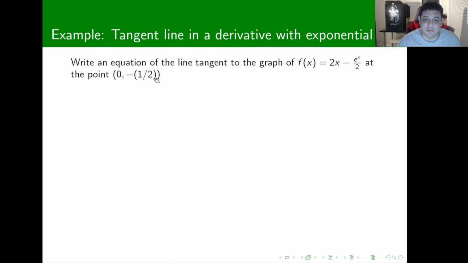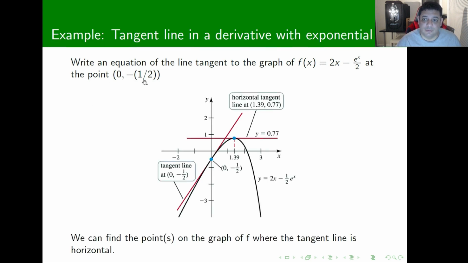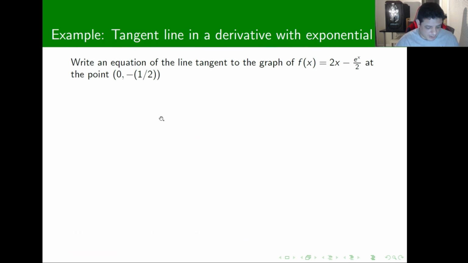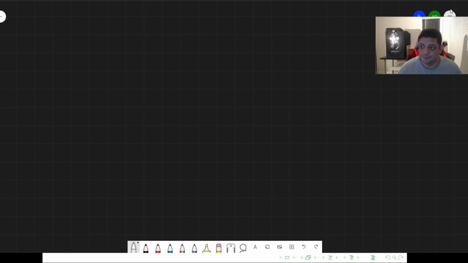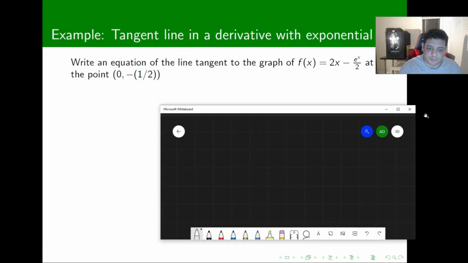Let's get the equation of the tangent line of the function f of x equals 2x minus e to the x divided by 2 at the point 0, minus 1/2. Okay? And so let's do that on the board. So first, I'm going to take a look at the function. f of x is 2x minus e to the x over 2, and the point is 0, minus 1/2.